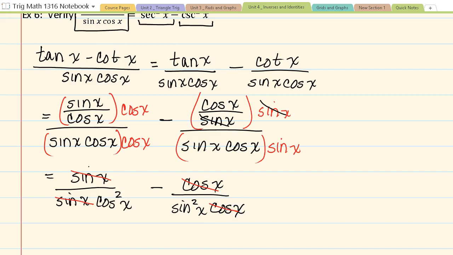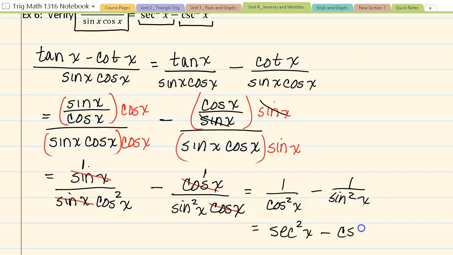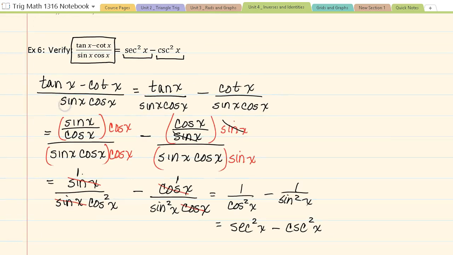Now remember, fractions can't go around topless, so I actually have ones right here. So this now looks like 1 over cosine squared of x, which means we know a name for that. That's secant squared of x, minus 1 over sine squared of x, and that is cosecant squared of x. And if I'm not mistaken, that's exactly what we were looking for. So that concludes this video.